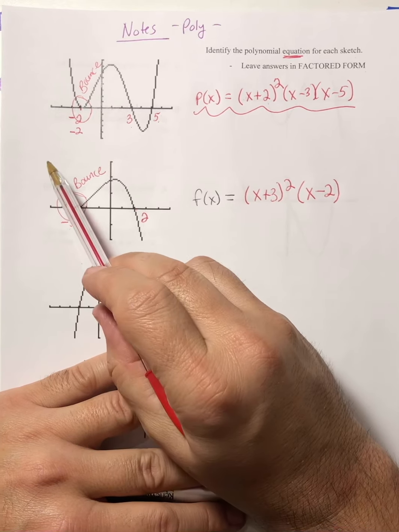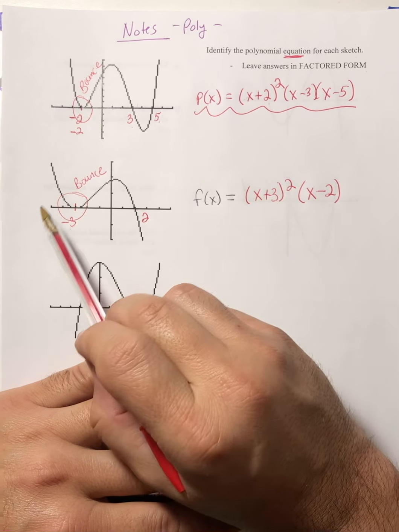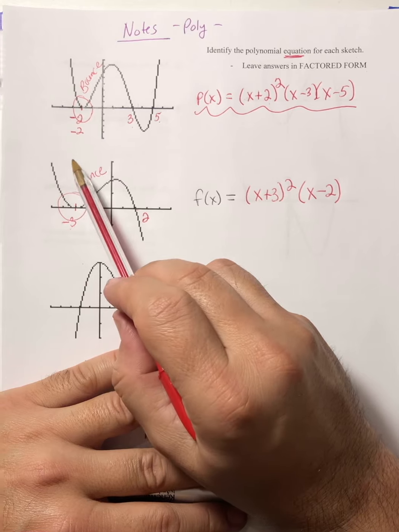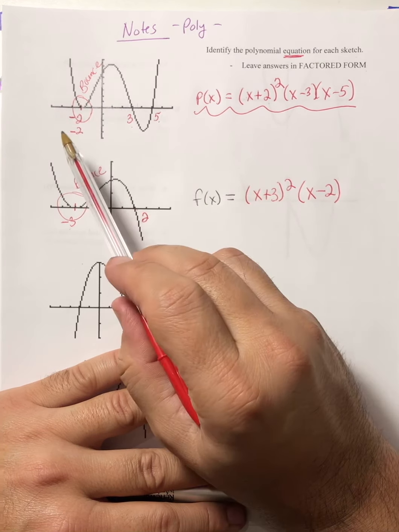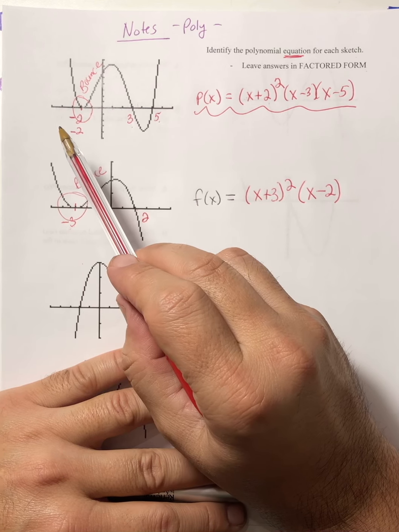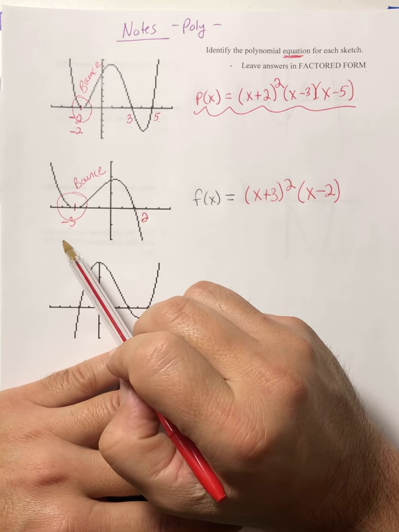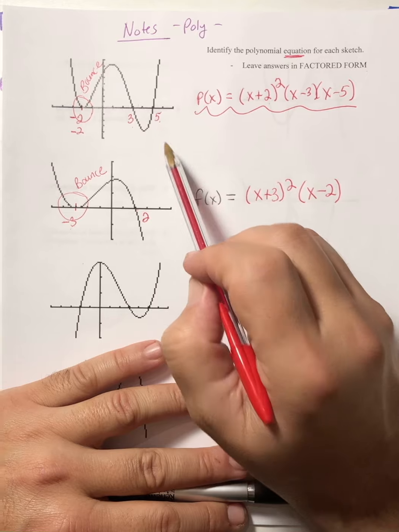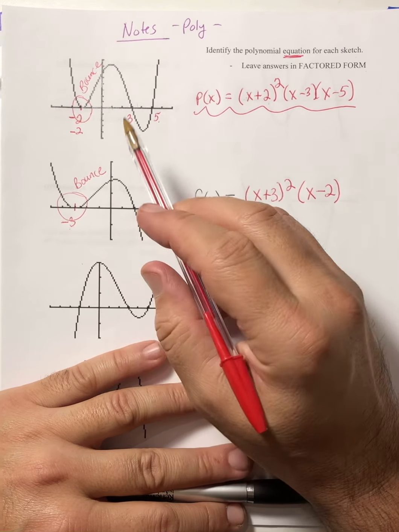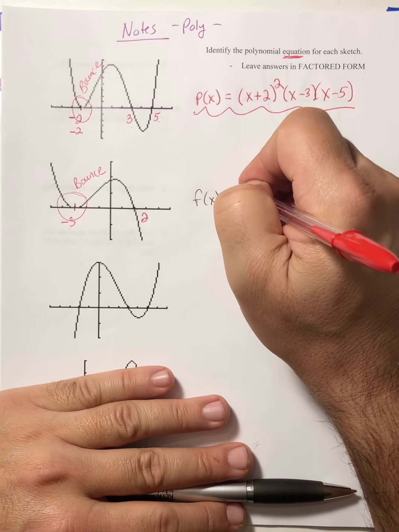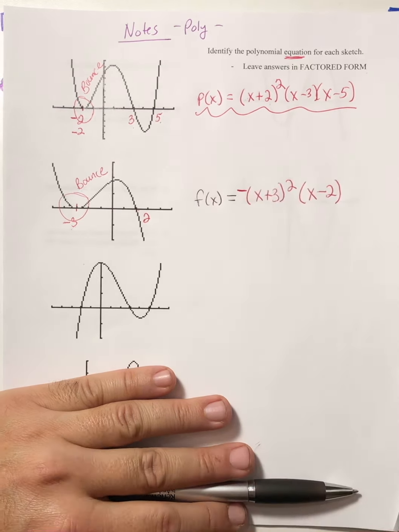And then, remember, all third degrees with a positive leading coefficient start low, do their squiggles, and finish high. So this actually has a lead negative in front. This is a negative in front.